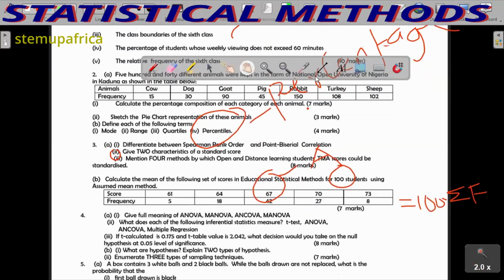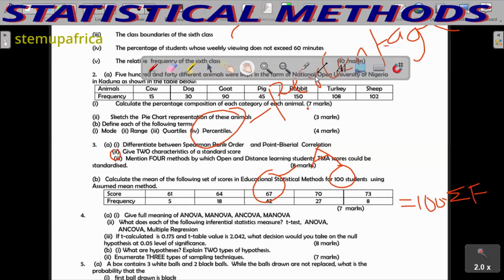Then the next one: which of the following inferential statistic measures t-test? Is it the ANOVA, the ANCOVA, or multiple regression? T-test, like I said, is used to test for hypothesis, just like the chi-square.